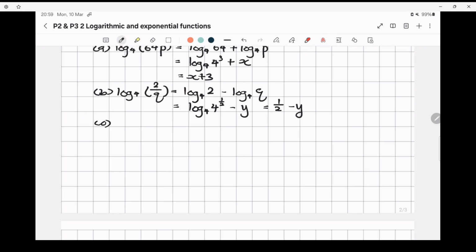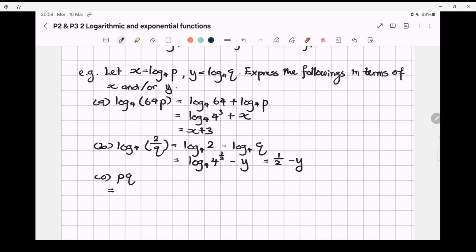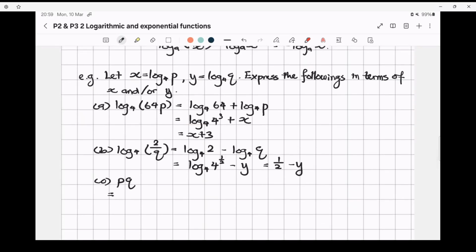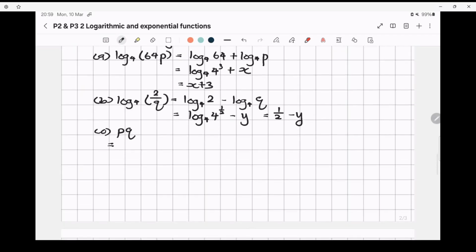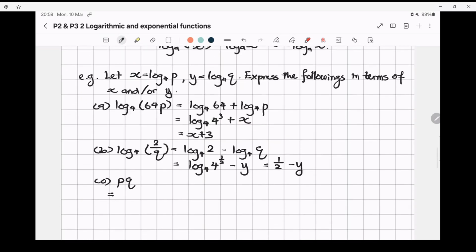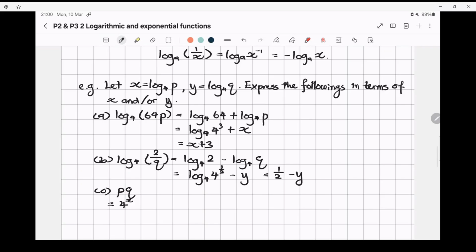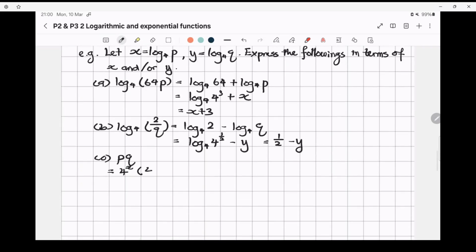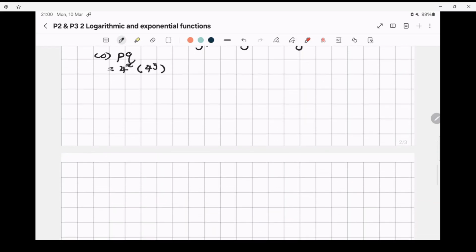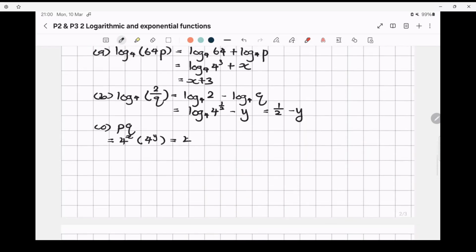So part C, pq. So what is pq? If you are given x equals log base 4 p, so p would be equal to 4 to the power of x. q would be 4 to the power of y. So hence this is 4 to the power of x plus y.